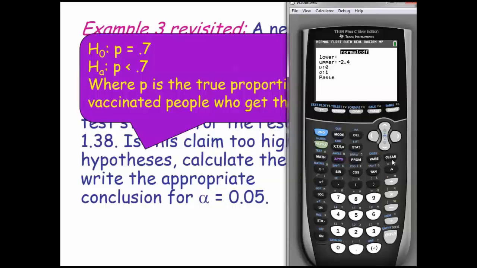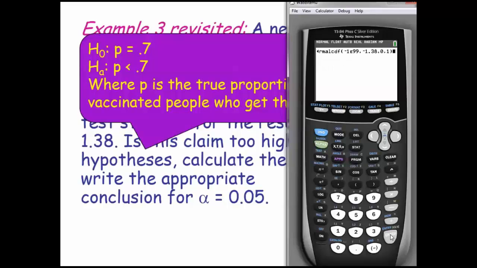That less than 0.7, I want to see what the probability of it being less than negative 1.38 is. So that means I want negative infinity on one end, so negative 1 e to the 99, all the way up to negative 1.38. And then I'll hit enter from there.